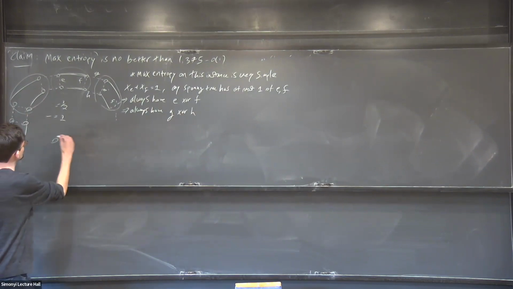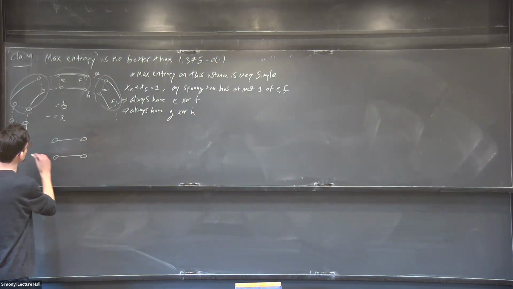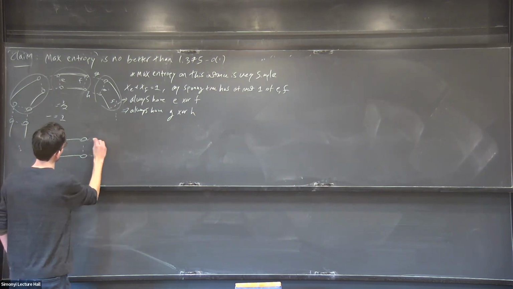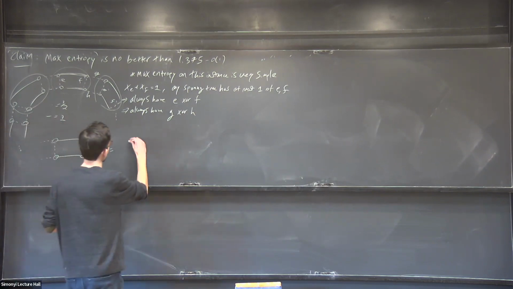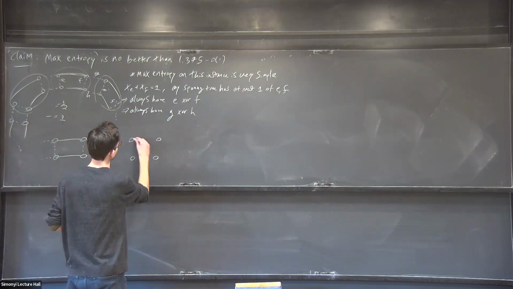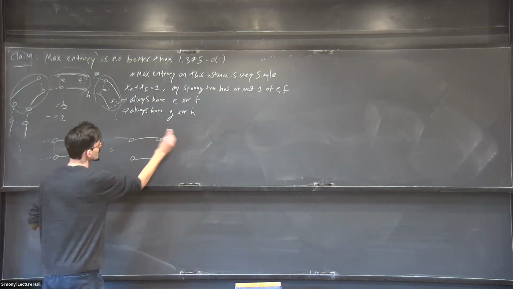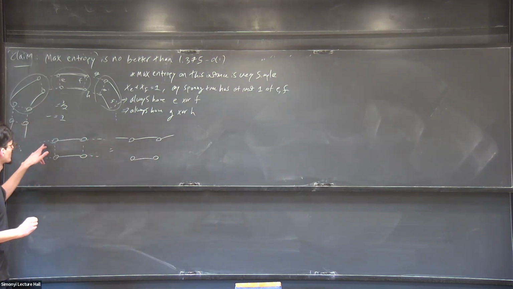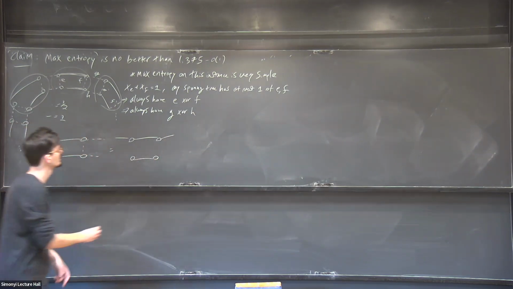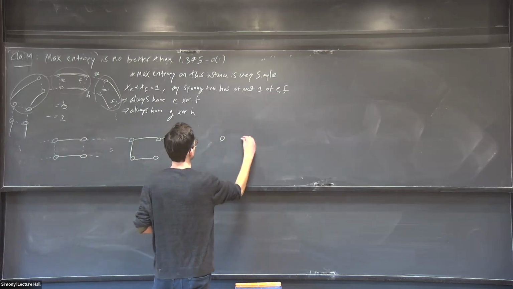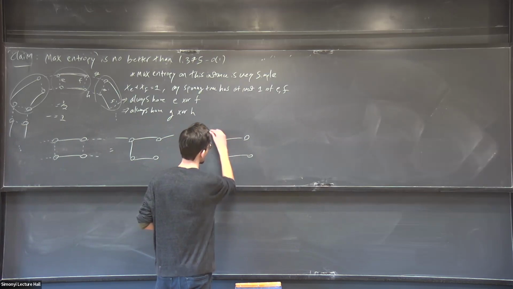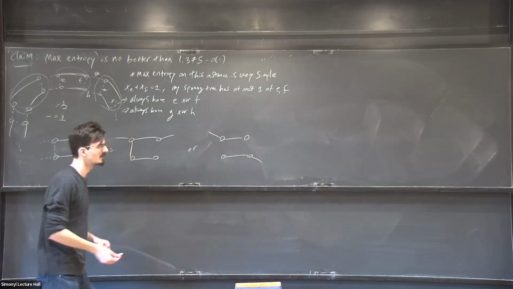Let me zoom in on one of these squares. Really, there are only two things that can happen. Either I get the same edge coming from these pairs of dotted edges, and I get some edge inside, or I get different edges and some edge inside.